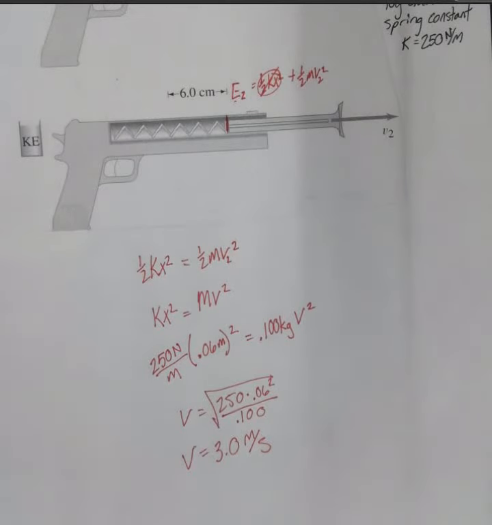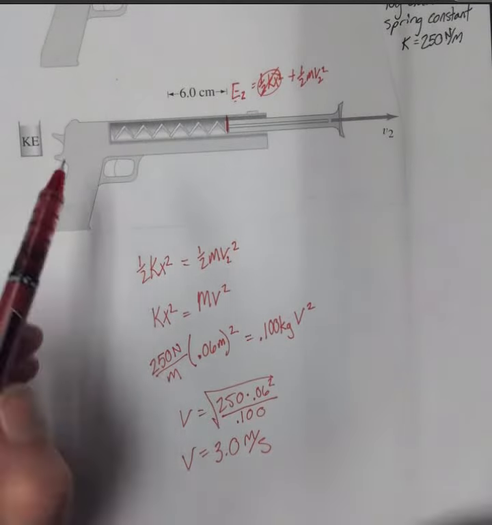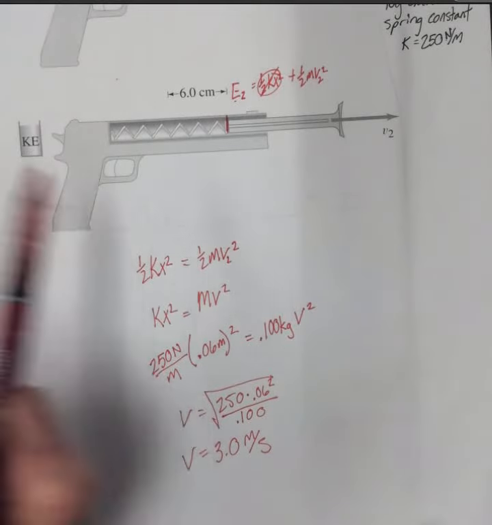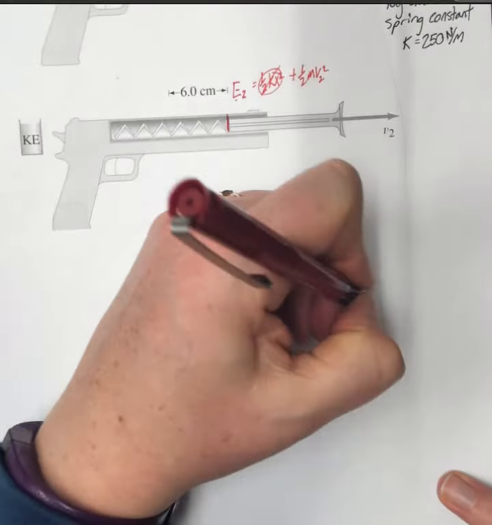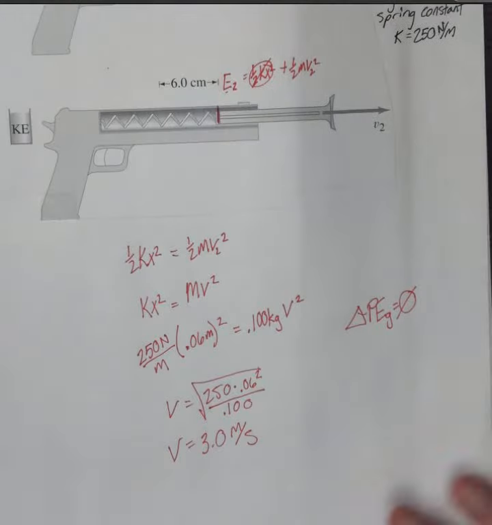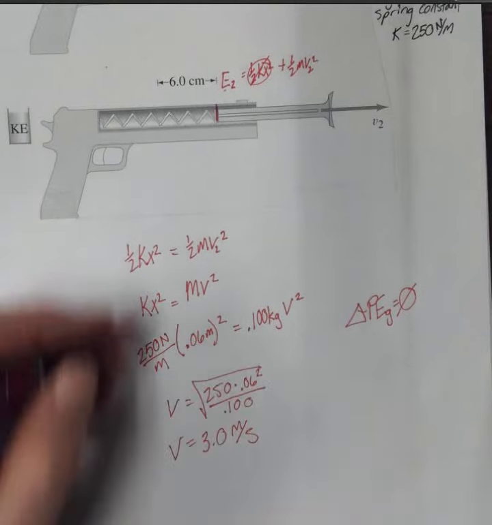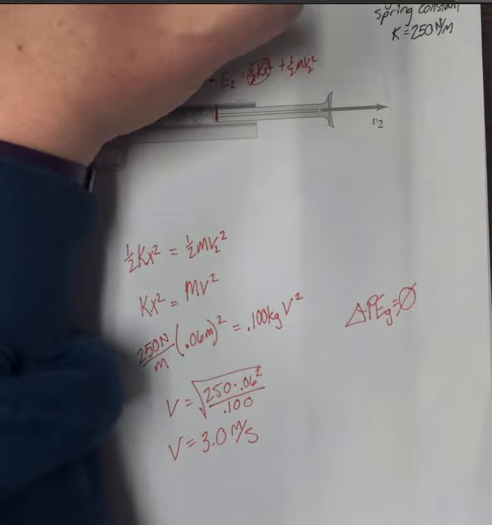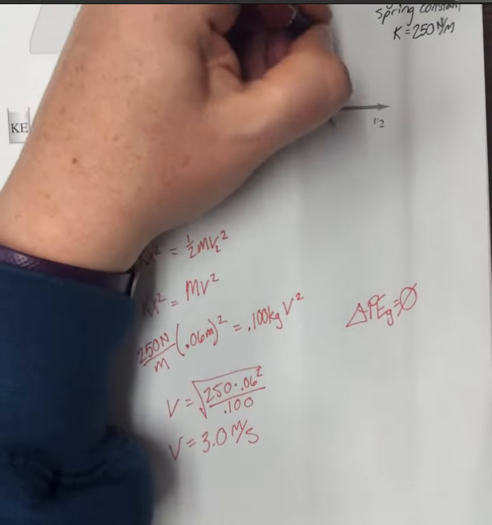Now, one thing to note is that this example shows the dart being shot in a horizontal direction. So the entire time the change in potential energy due to gravity is equal to 0, which is why we leave it out of the equation. If we were going to include it, it would say plus mgy on both sides.